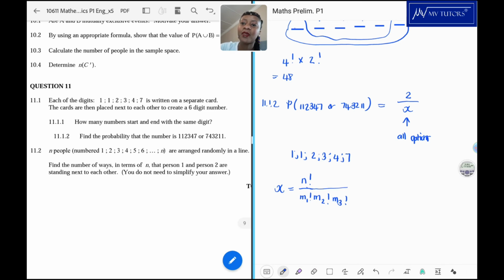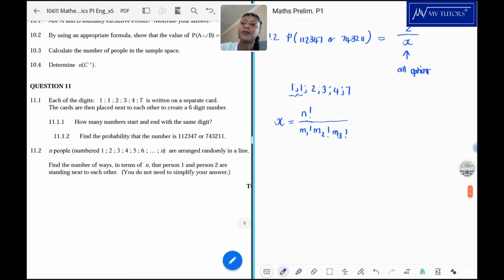Now we only have one number repeating itself, which is 1. So n factorial just says how many numbers you have available. We have 6 numbers available, so 6 factorial. And then we have 1 occurring twice, and that is why we're dividing by 2 factorial.